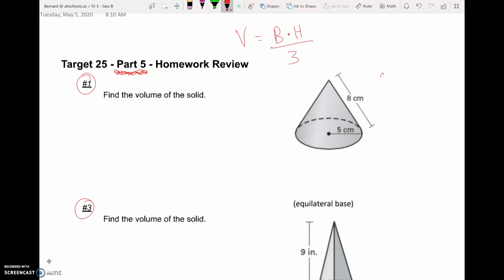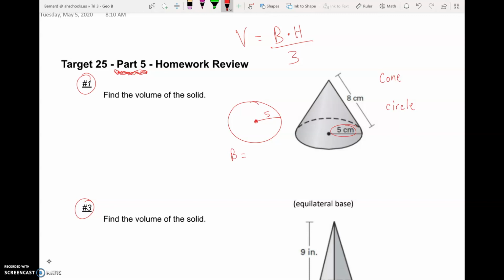In this first example, this is a cone. We need to know that because we need to talk about the base. The base is a circle, right? If I draw this circle here, I can tell that my circle has a radius of 5. It's huge to identify the base because we need to find the area of the base. That's what big B is.